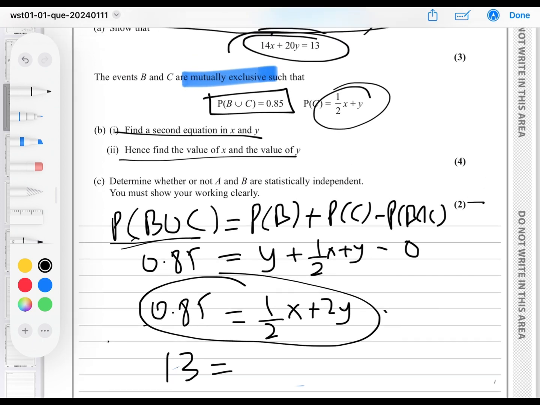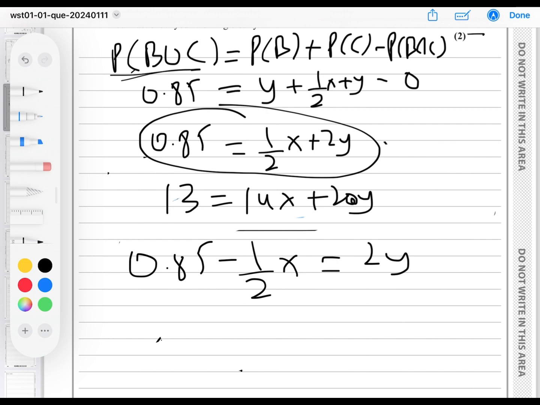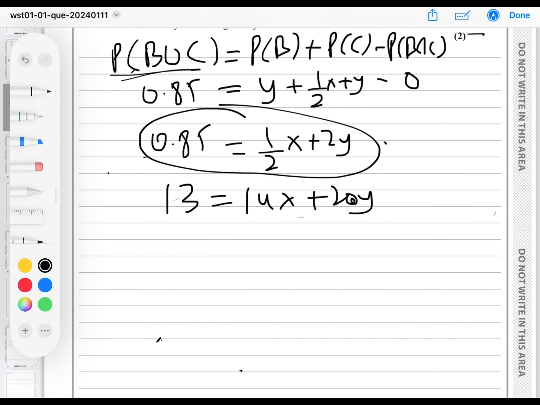So 13 equals 14x plus 20y. Okay, instead of going into the complication, I will just use the elimination method. By the elimination method, I will multiply this one by minus 10.